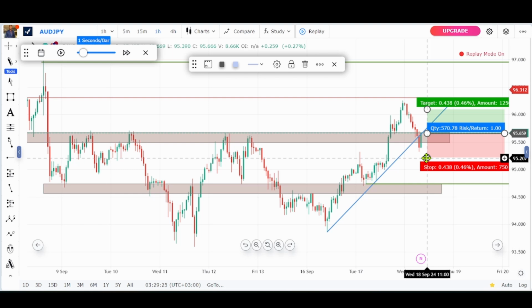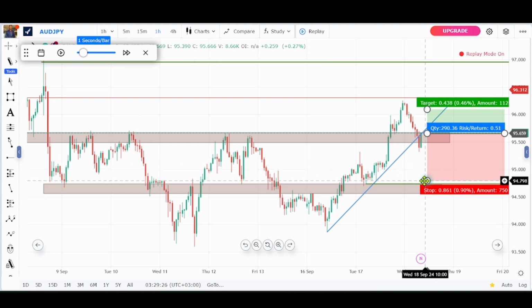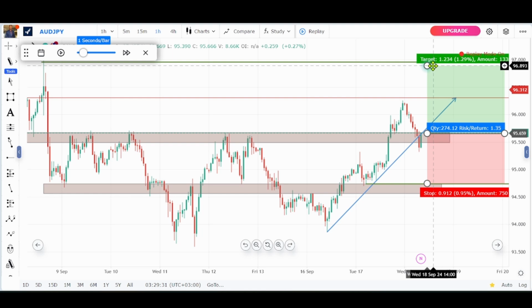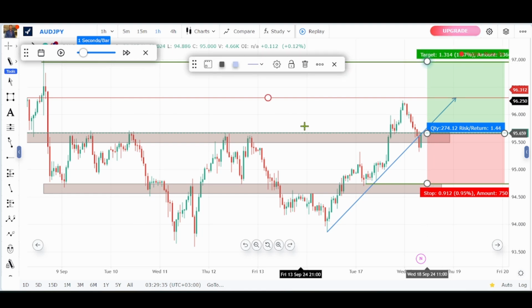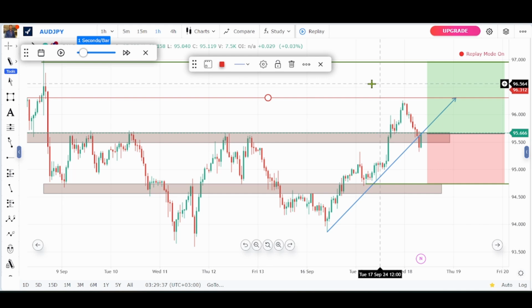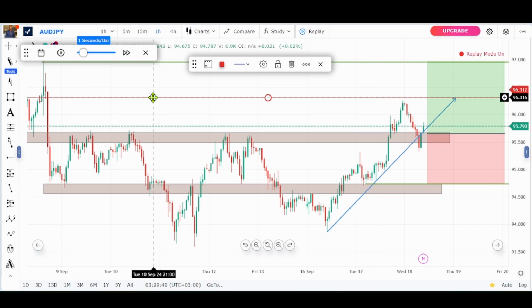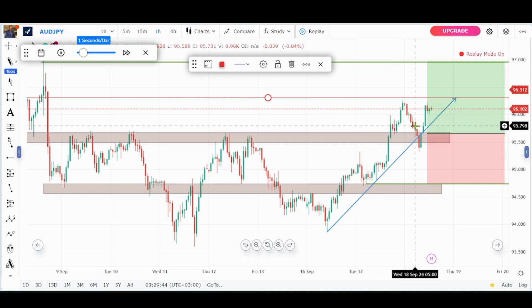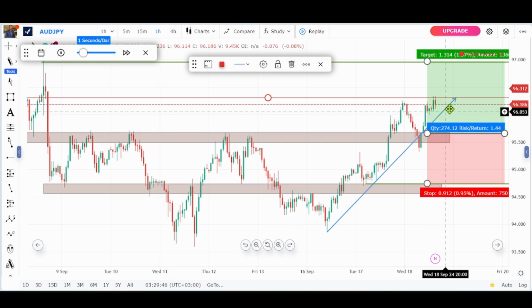Let's see what happens. You can also see the market has respected the trend line.